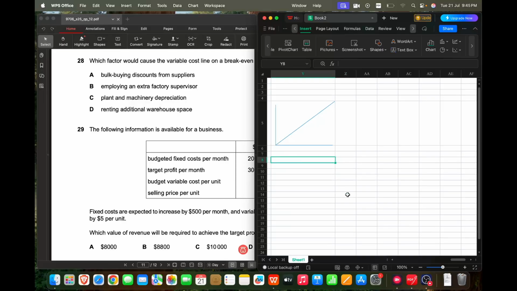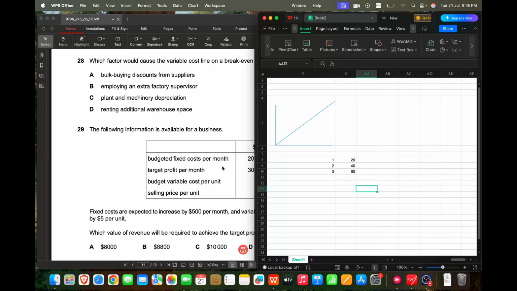For example, if the variable cost of 1 unit is $20, then the variable cost for 2 units would be $40, and for 3 units $60, and so on. So it will increase in a proportional manner. So as the number of units increases, cost also increases in a proportional line. So that's why this is a straight line.